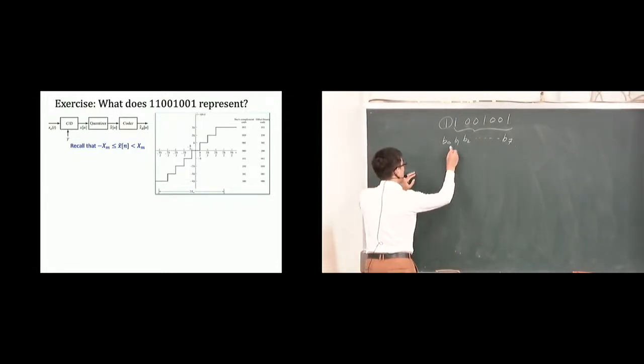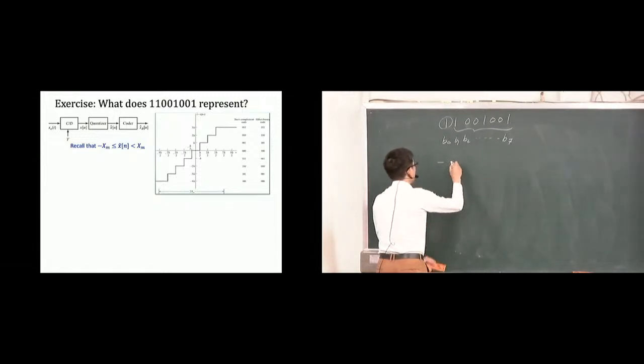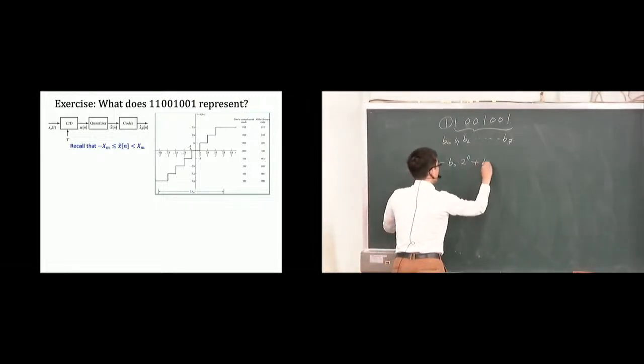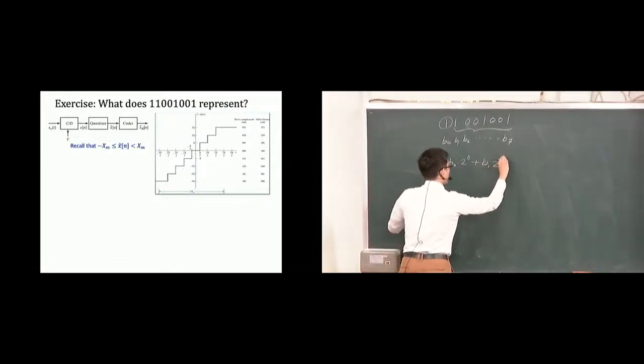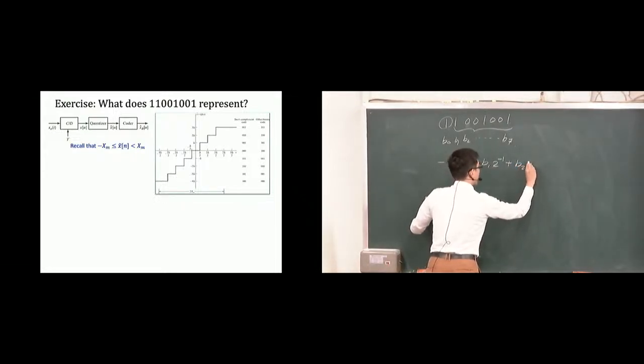The formula that this equals to, what? Minus 2 minus B0 times 2 to the 0th power, okay? Plus B1 2 to the minus 1 power plus B2, I write one more term.